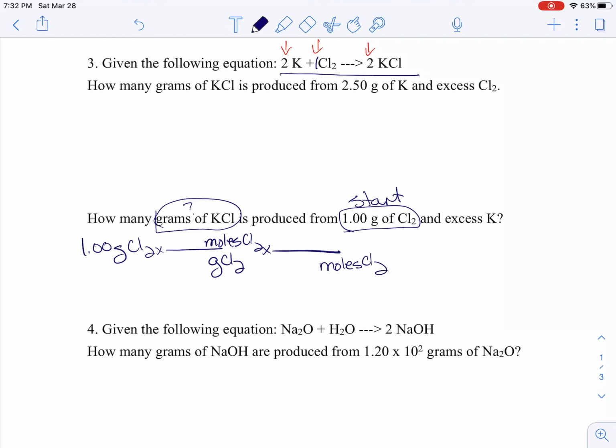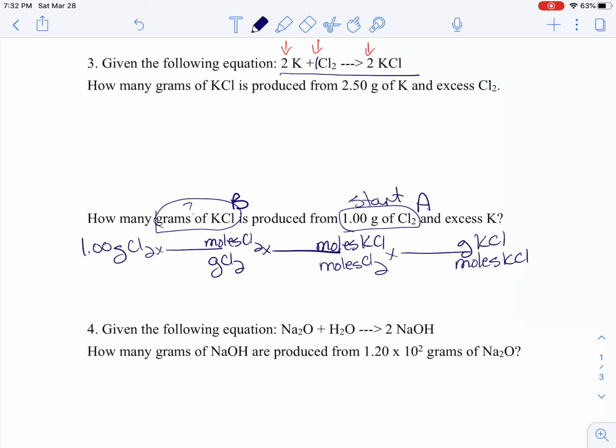And we are trying to go from substance A to substance B. So if we start with Cl2, then we need to convert that to moles of KCl. So that's going from substance A to substance B. So we have moles of KCl on the top, so therefore we have moles of KCl on the bottom, and they're asking us how many grams, so we need to convert back to grams of KCl.